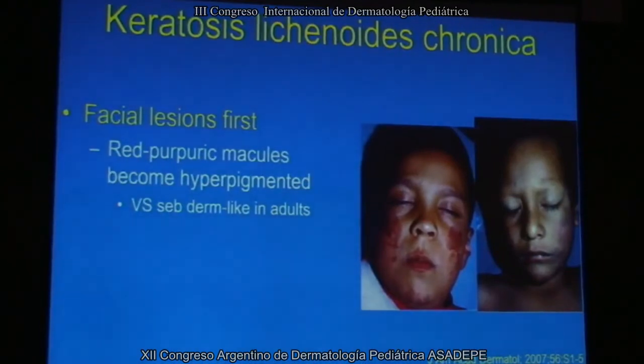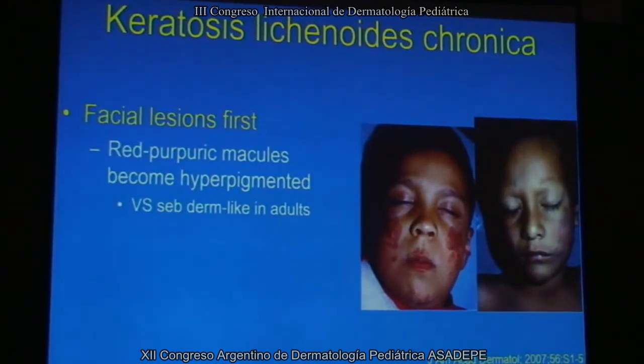The first finding in this condition is the development of the facial lesions. In children, they will often develop these very clearly demarcated red to purpuric macules.